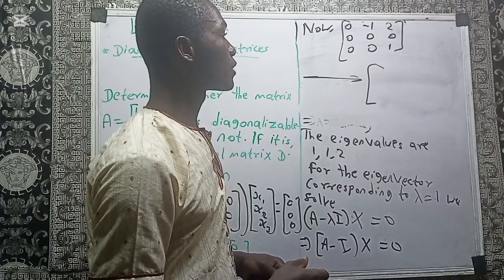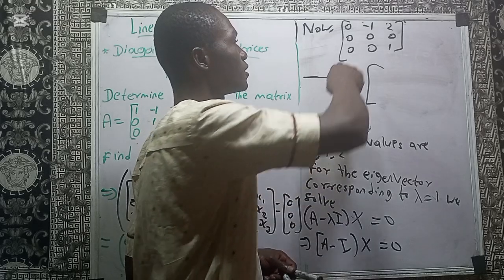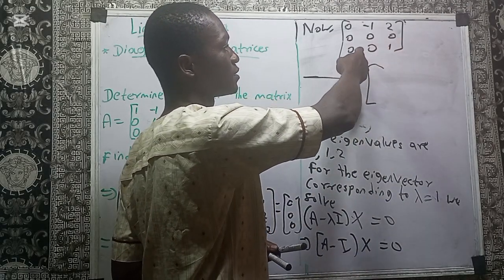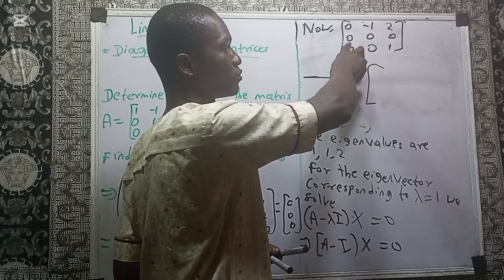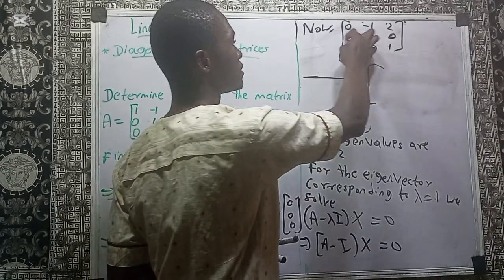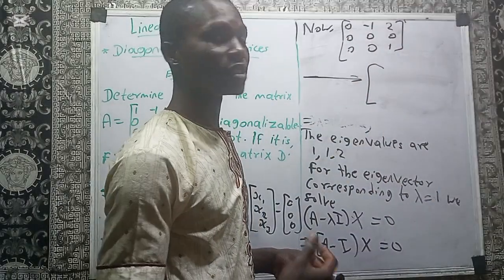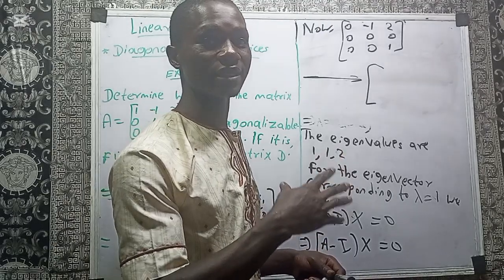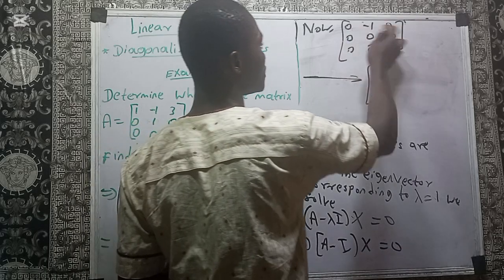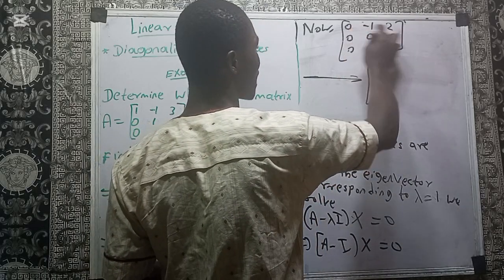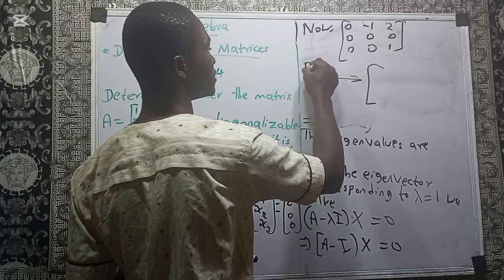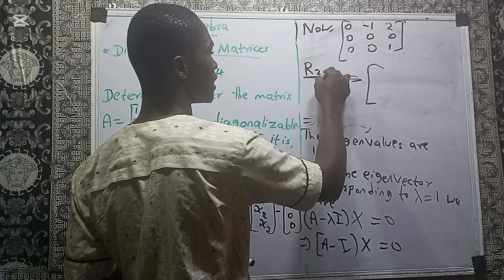If you are performing row operations on a matrix, the row that has 0 throughout should not be in the middle, unless the last row, row 3, which comes after row 2, is also 0. Basically, the row with 0 entries throughout should be at the bottom. Since this row that has 0 throughout is in the middle, we want it to be at the last. So we are going to interchange row 2 and row 3.